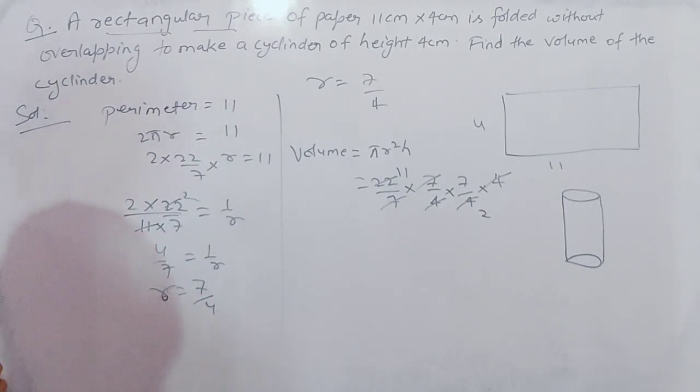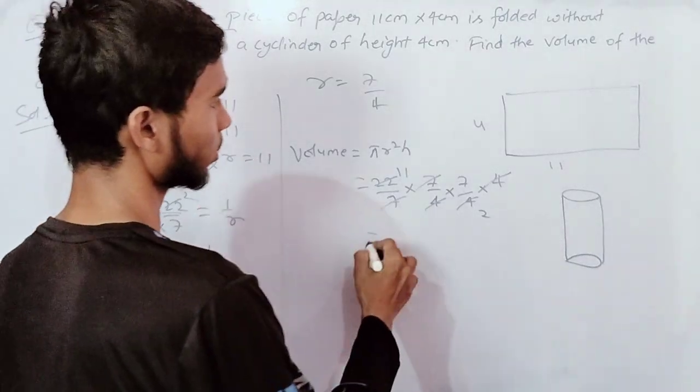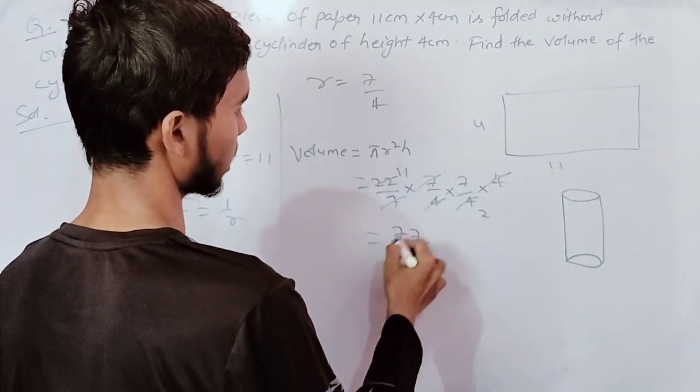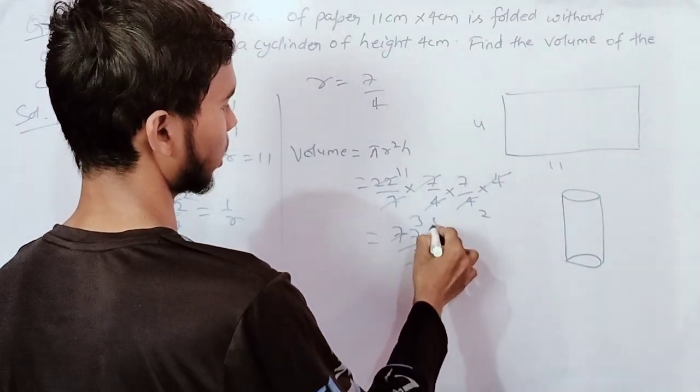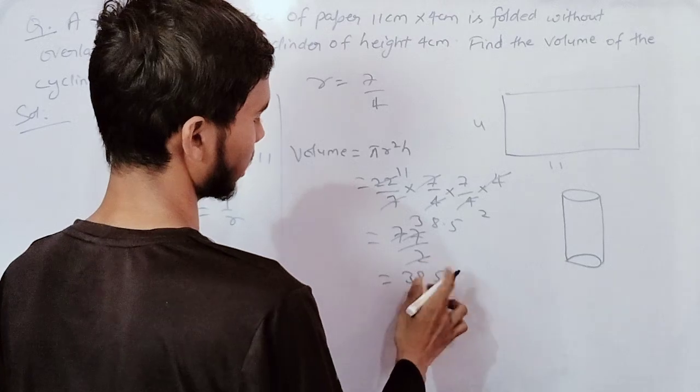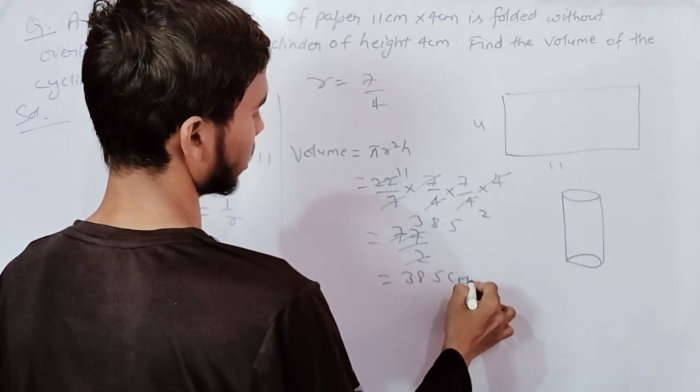Now here 11 7s are 77 upon 2. 2 3s are 6, 2 8s are 16, so 38.5 centimeter cube.